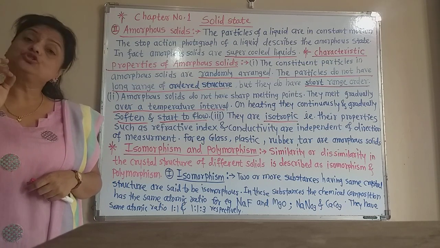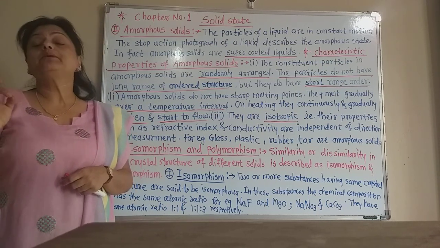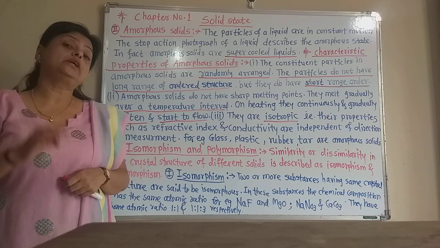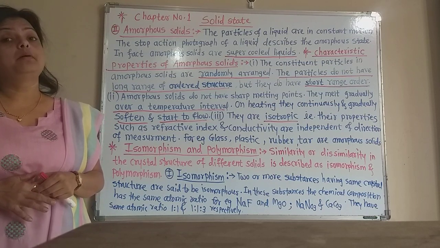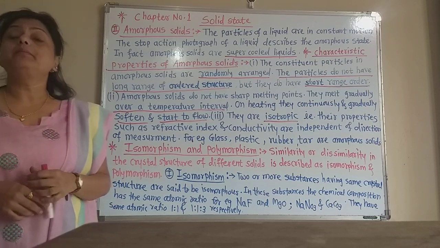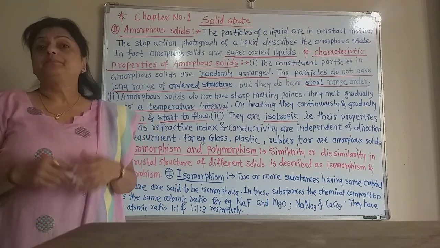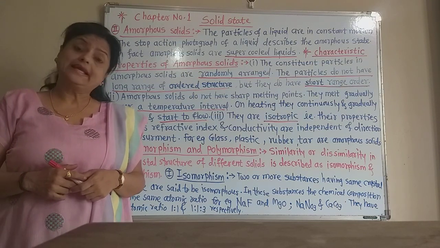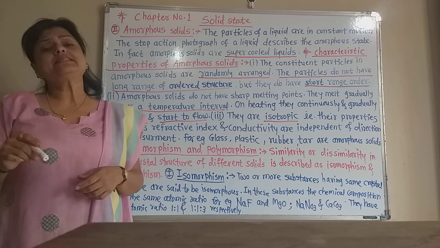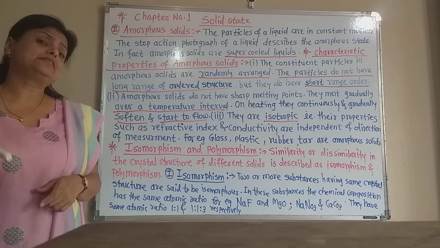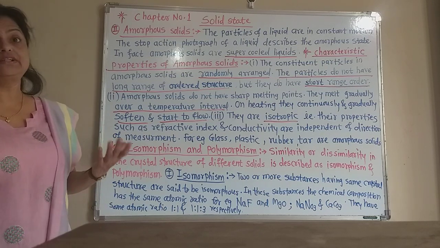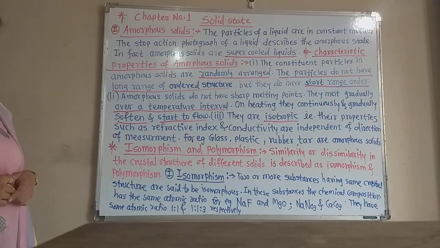In this way, there is no sharp melting point in the case of amorphous solids. But a crystalline solid melts at a sharp melting point. If the melting point of a crystalline solid is 405 Kelvin, then in pure form it always melts at 405 Kelvin. That is the difference between amorphous and crystalline solids.